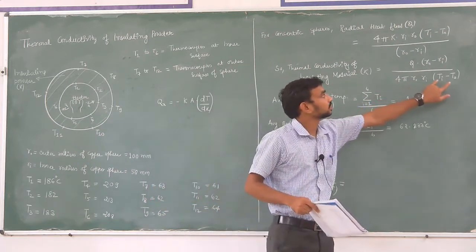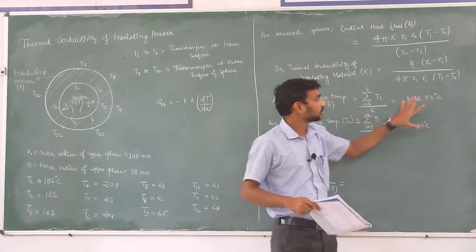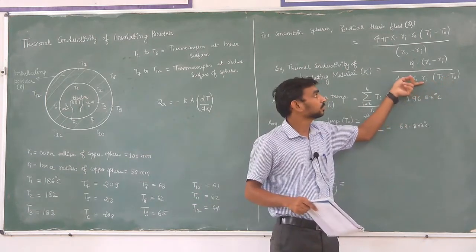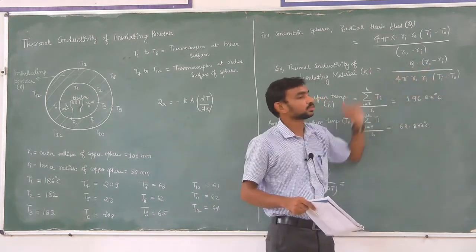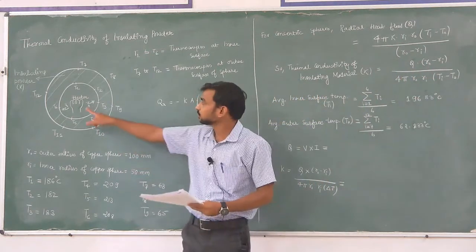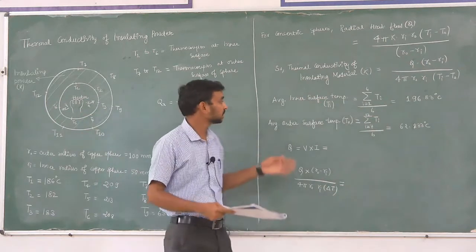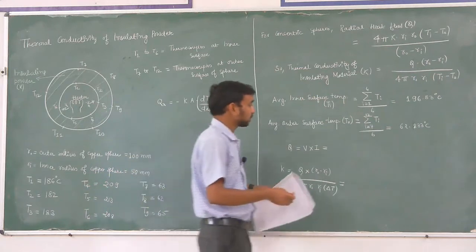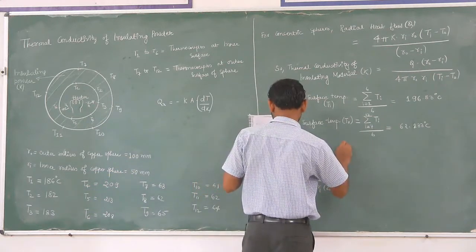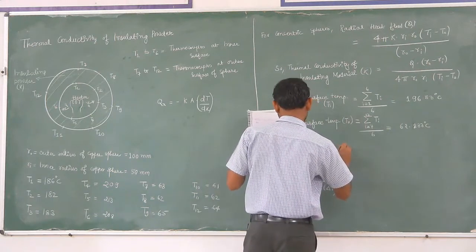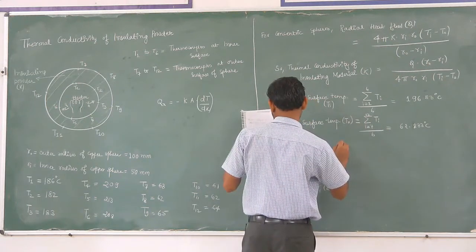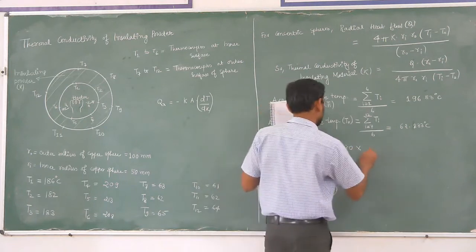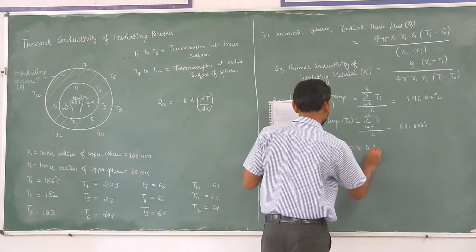We already calculated this temperature difference, and we already know these geometrical properties. Q is basically the heat supplied to this nichrome heater, which is the multiplication of V into I. For these temperature readings, the voltage was approximately 180 volt and the current was 0.1 ampere.